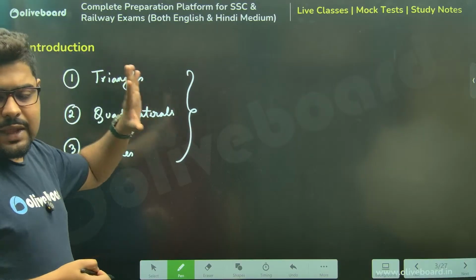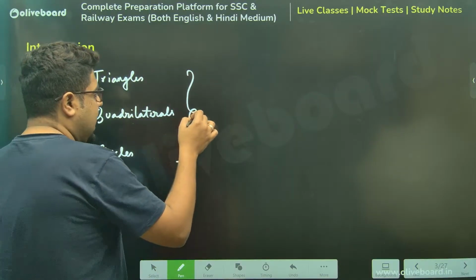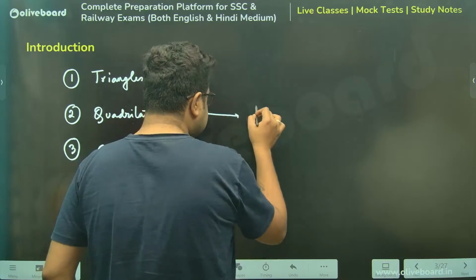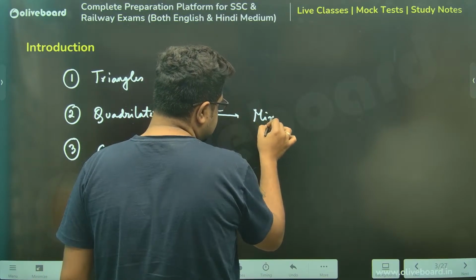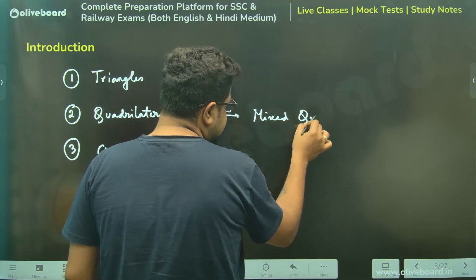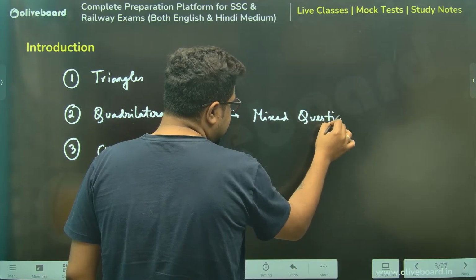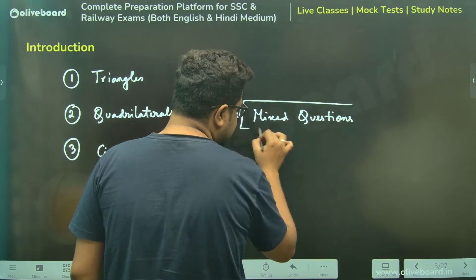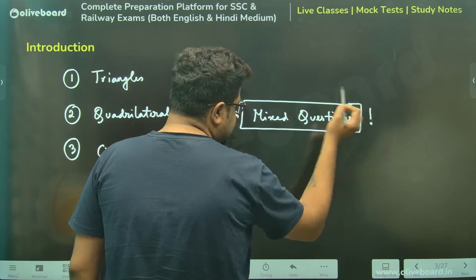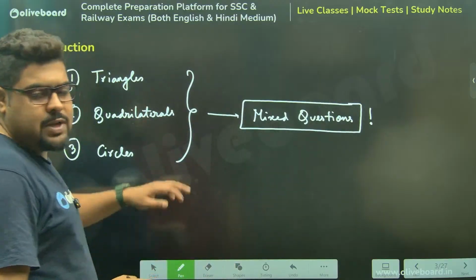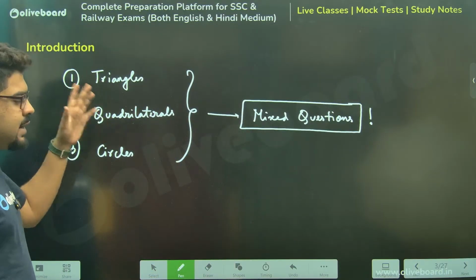Apart from that, mixed structures, or mixed questions, are also there. What do I mean by mixed questions? They will mix, let's say, one triangle with a quadrilateral.